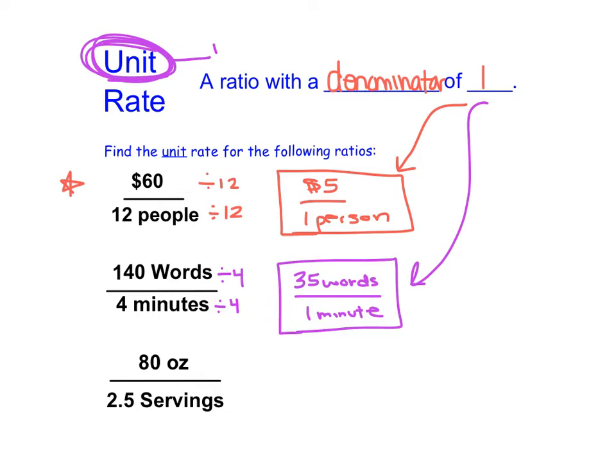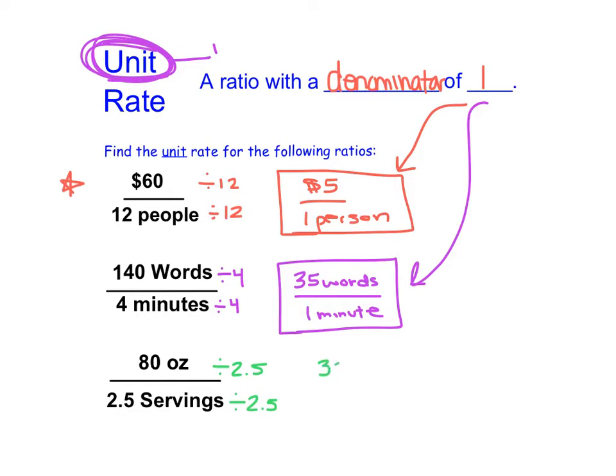Then this last one contains a decimal, which is sometimes a little weird. But again, it's the same process if I want to have a denominator of 1. So currently my denominator is 2.5. I'm going to divide by 2.5 in both the denominator and the numerator. So 80 divided by 2.5 is 32.